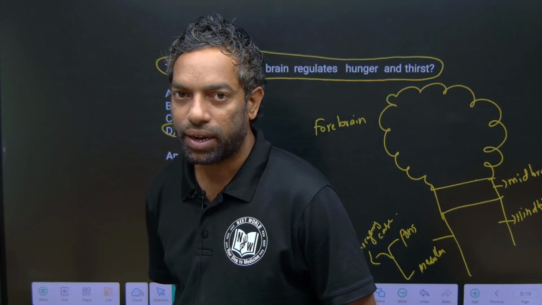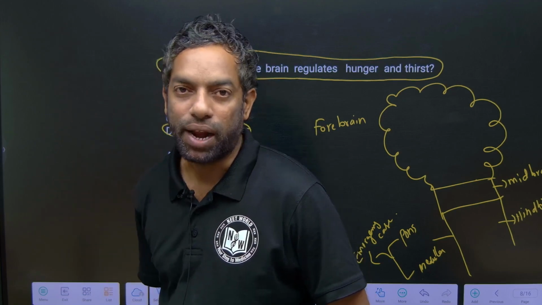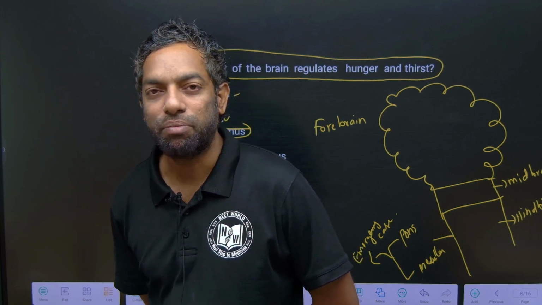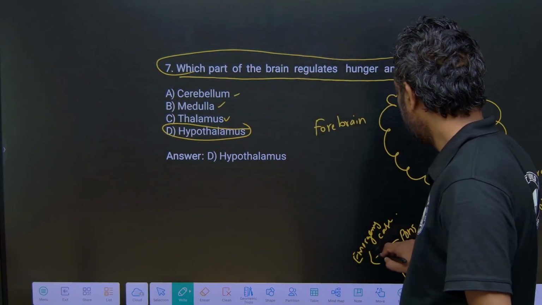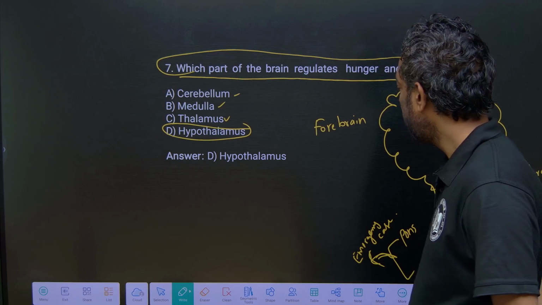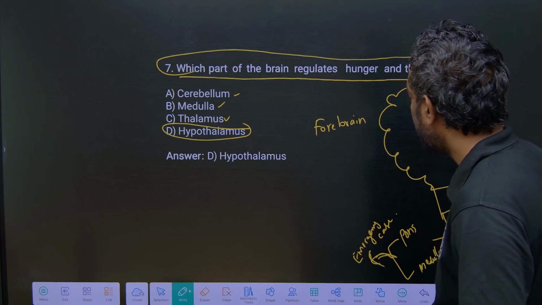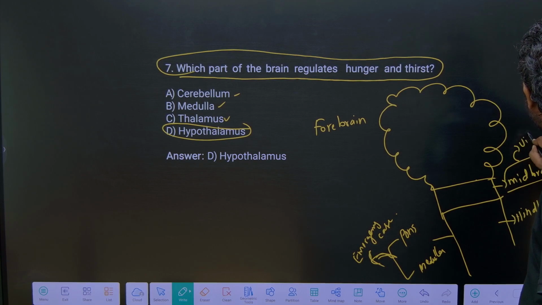They regulate emergency responses. If the person breathes very fast or slow, pons and medulla take responsibility. The midbrain is especially about vision and hearing.